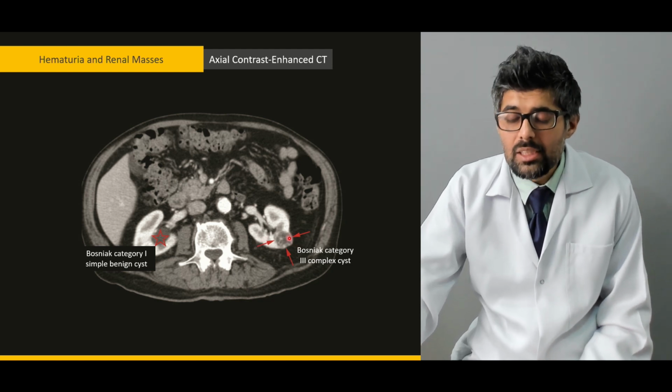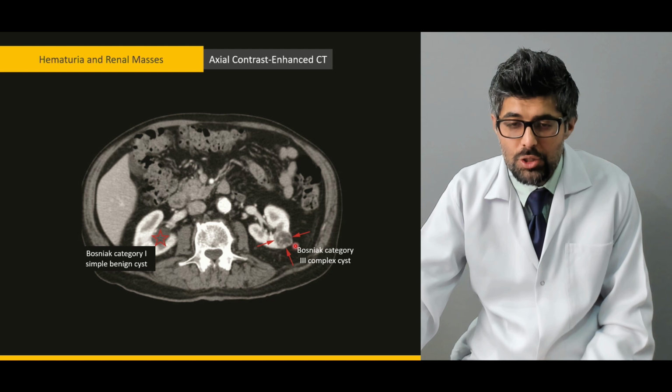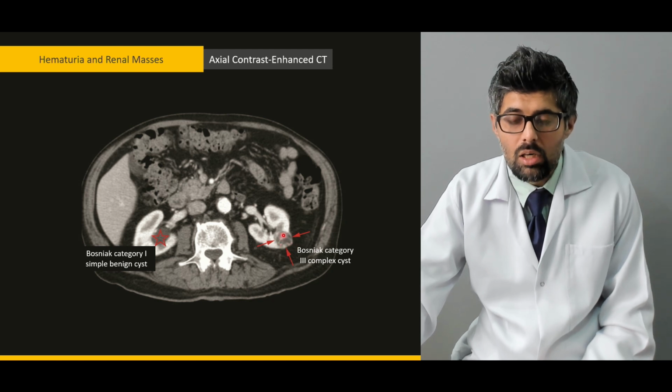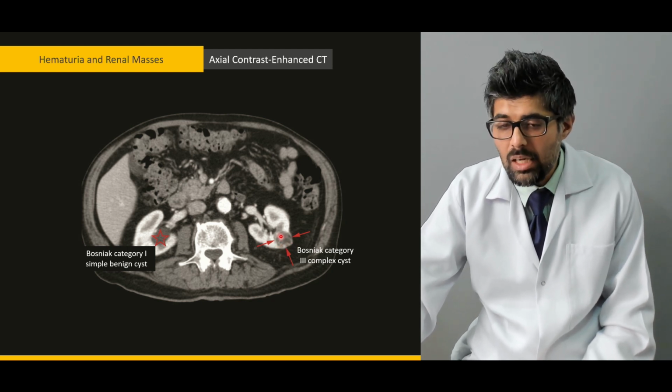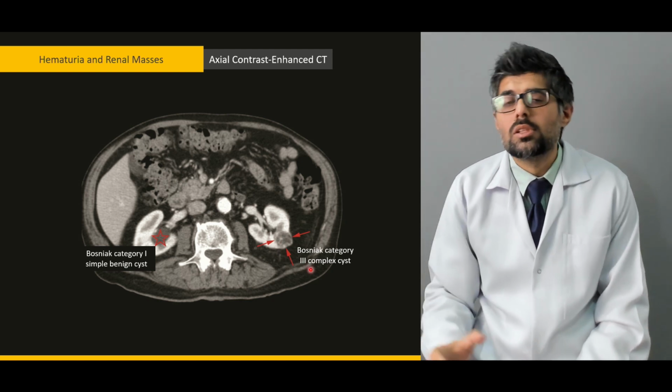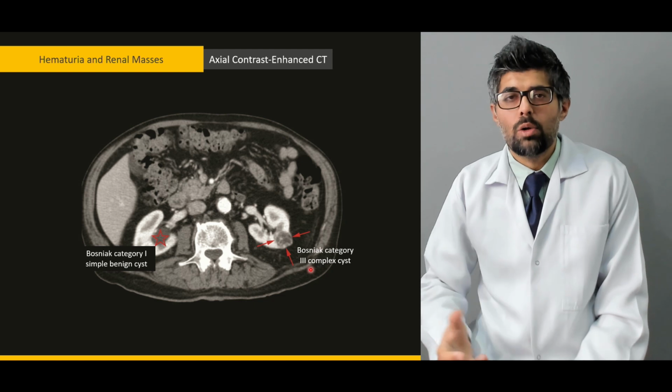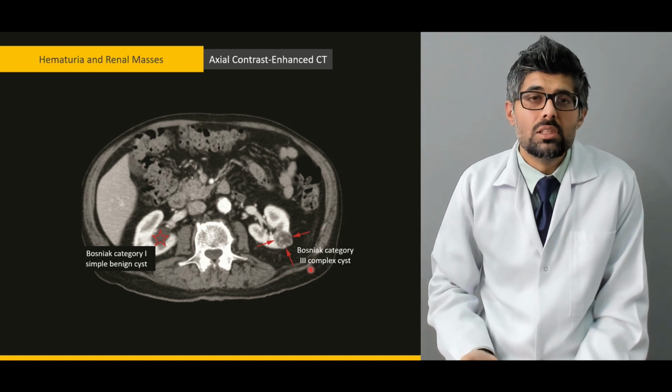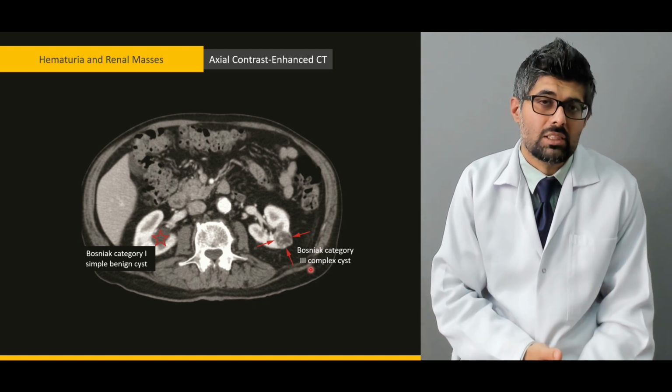As you can easily see, it has multiple septations, and the septations are thickened, and it even has some nodularity to it. So in one person it is possible to have both simple cysts and complex cysts.